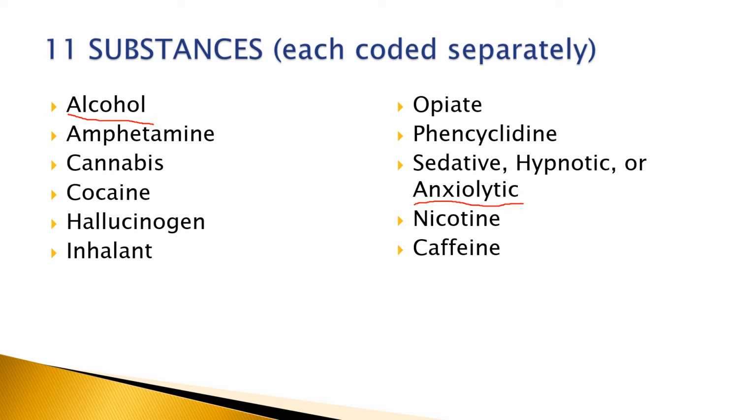Just be sure to code all that apply. A very thorough clinician will record nicotine and caffeine as well, if the client meets the diagnosis. That tells me a clinician is very thorough, that they even asked about nicotine, smoking, vaping, etc., and their client's caffeine use.